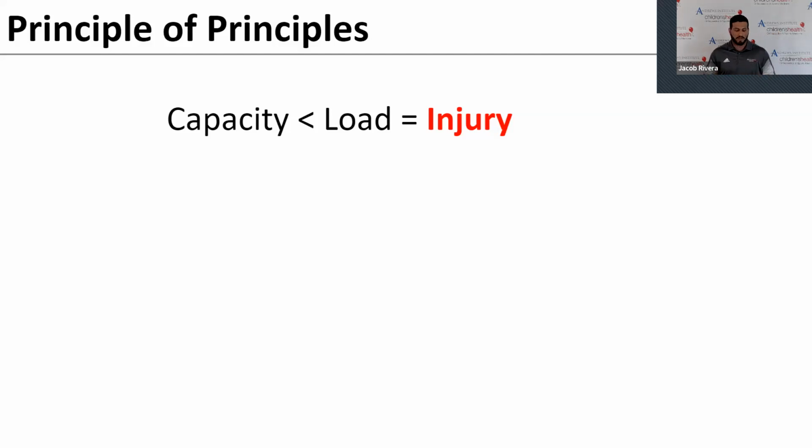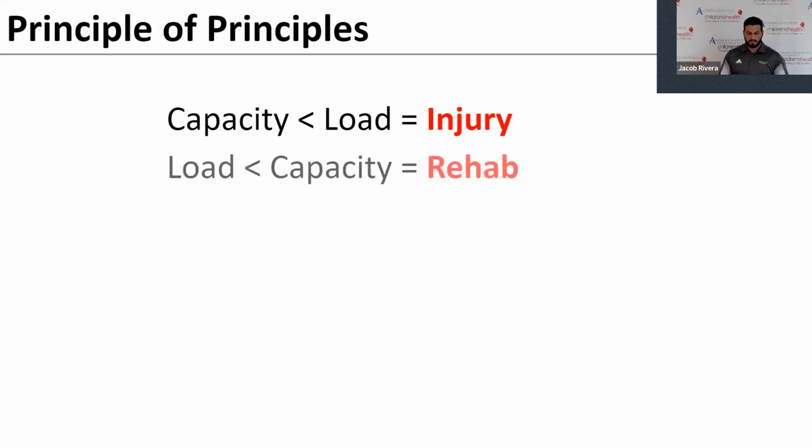They don't contain that ability. And also the external load of that situation, whether it was the contact force, whether it was the landing force, whether it was anything that created that injury, exceeded the actual capacity of the athlete, the capacity of the body to handle that load. That's typically when injury will happen.